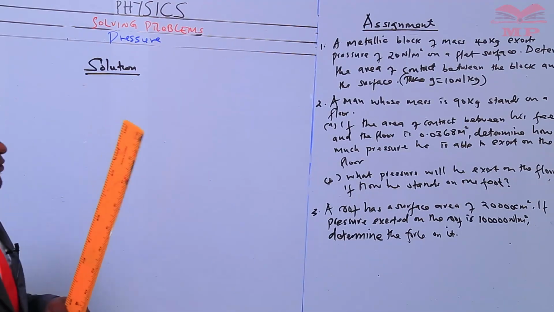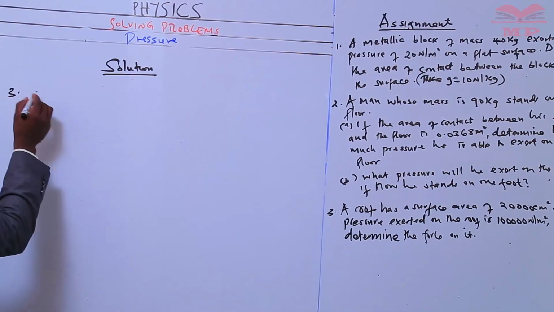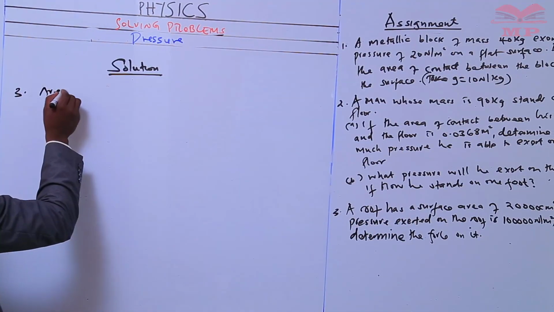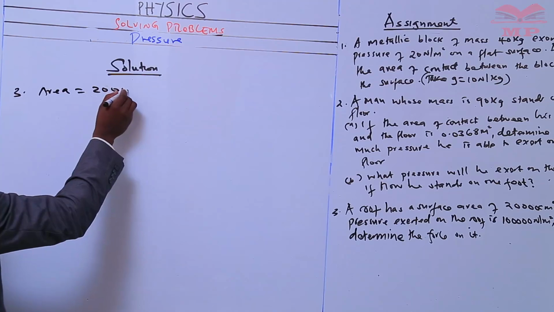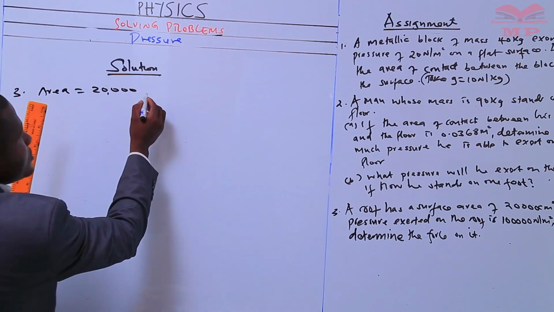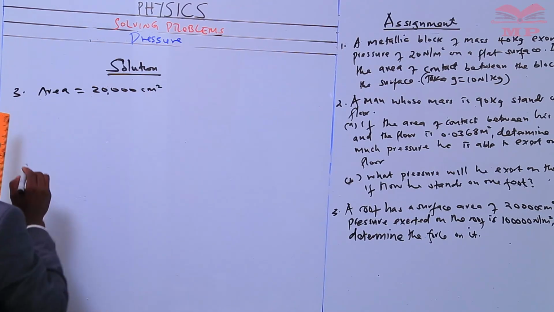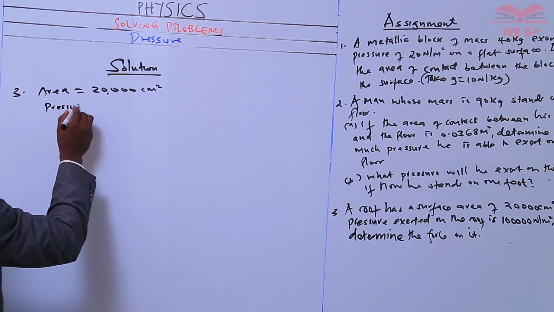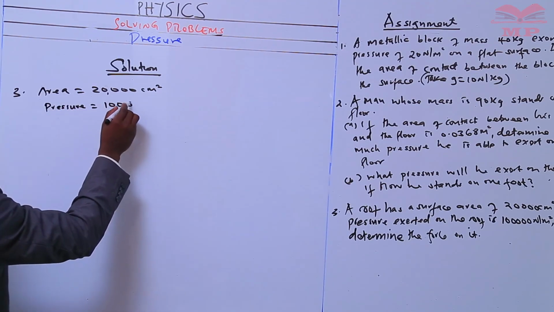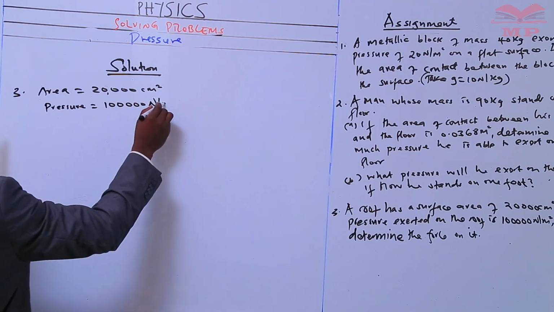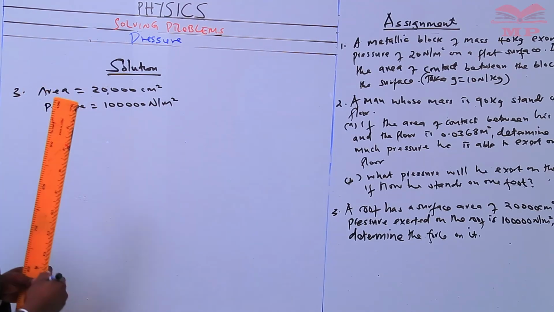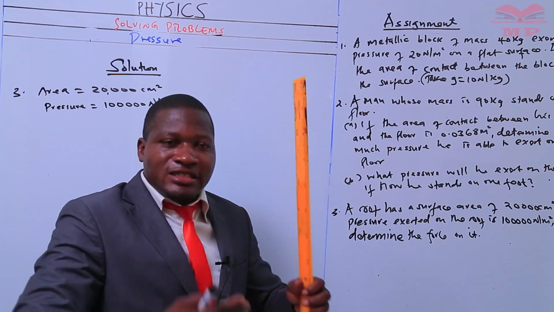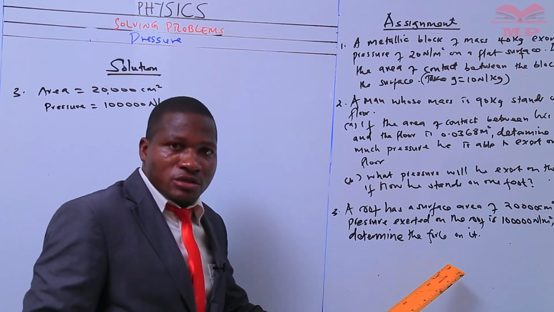So we have been given the area as 20,000 centimeters squared, then we have pressure as 100,000 Newton per meter squared. We are being asked to determine the force.